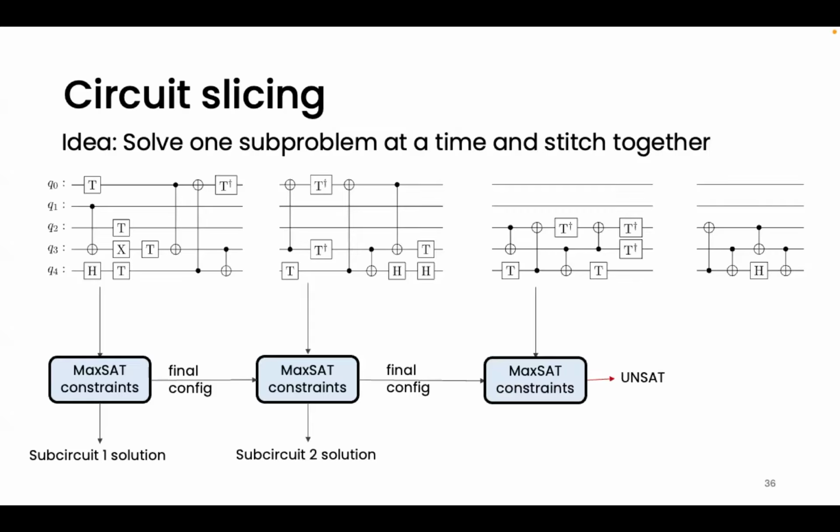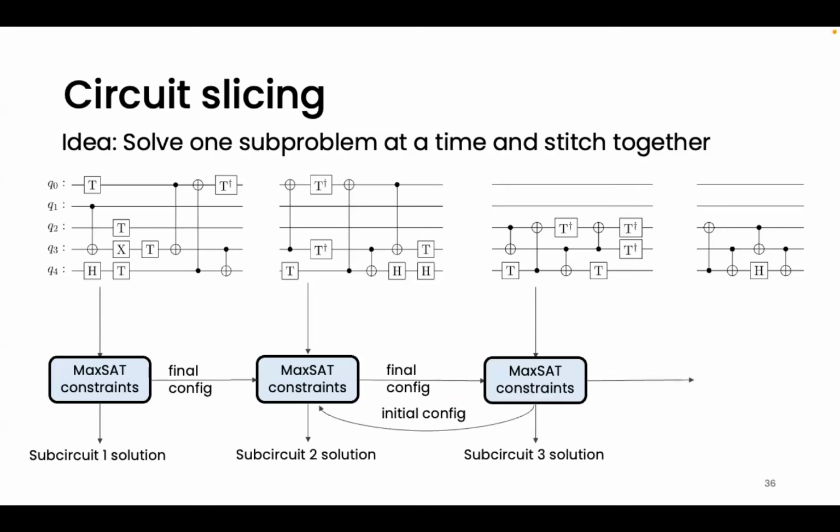Eventually we might run into a case where we're unable to find a mapping and routing solution given these additional constraints. Then we do a little bit of backtracking. We say, okay, find me a new solution to the previous thing. We pass back that initial configuration that you gave me and say, don't give me this one, find a different solution.